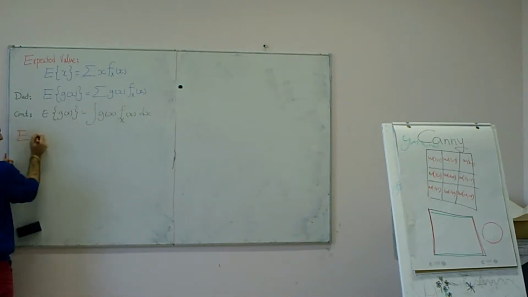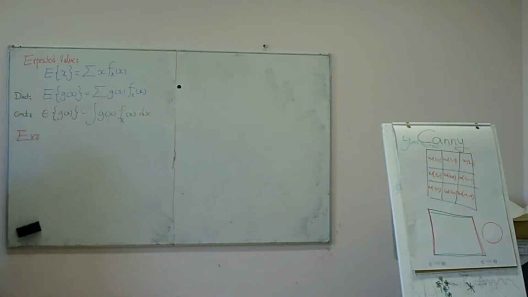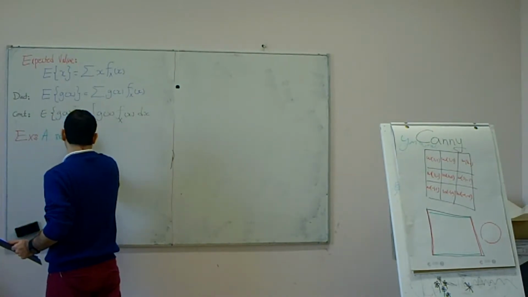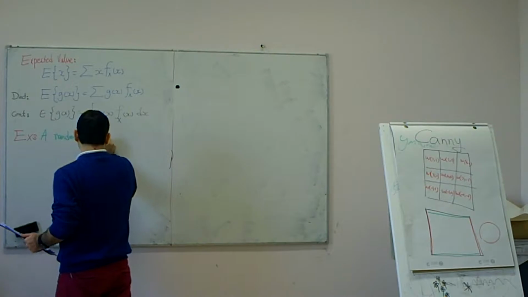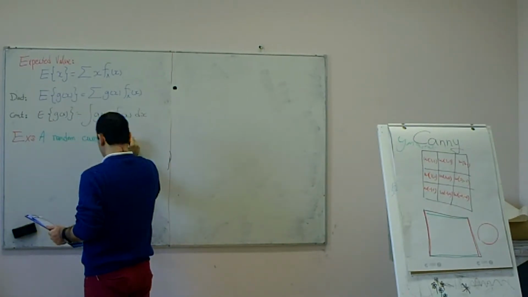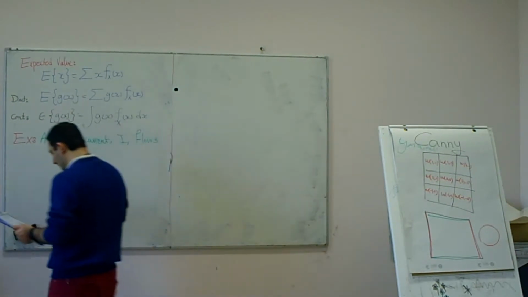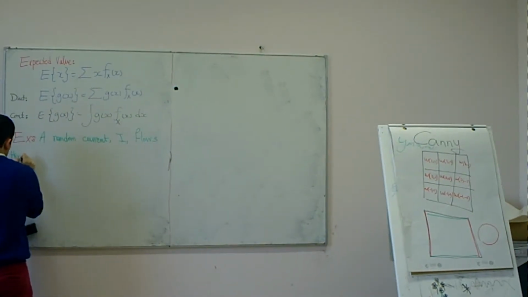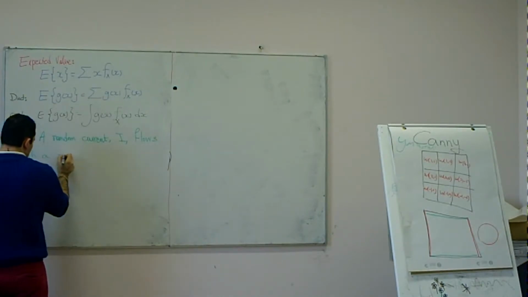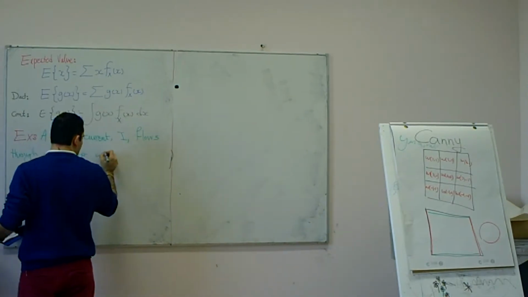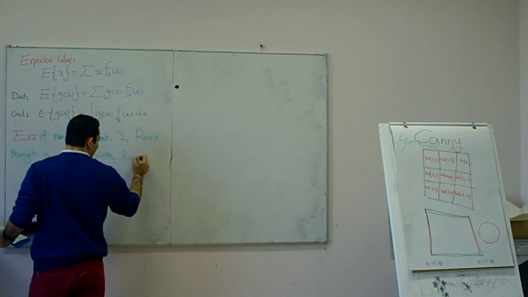Now, let's do an example. The example is in this form. A random current I flows through a resistor with a value of R equal to 50 ohms.